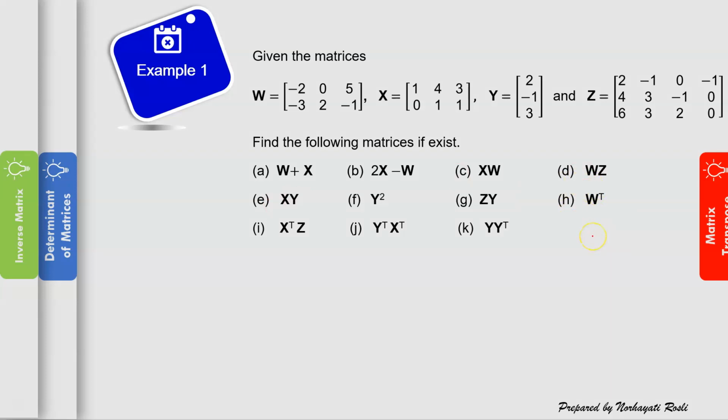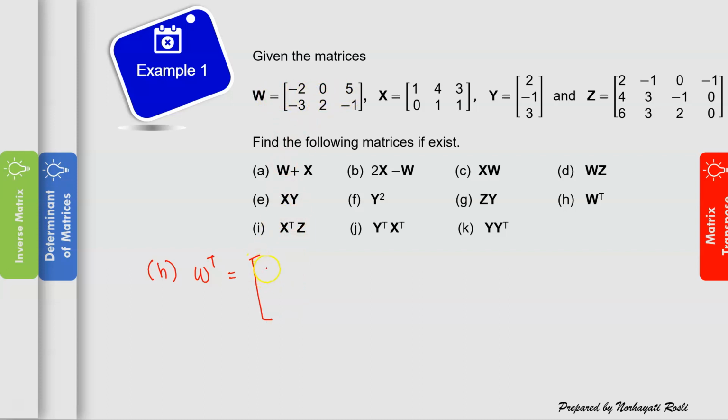So how can we solve this H? We are given W as [-2, 0, 5; -3, 2, -1]. If you want to transpose this, W^T will be equal to rows becoming columns and columns becoming rows.